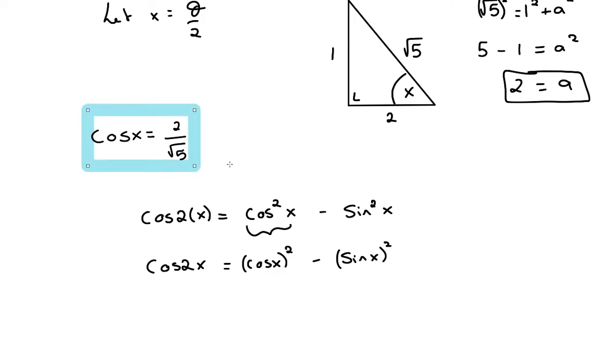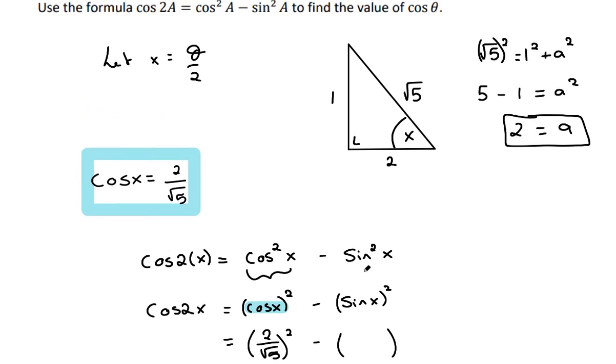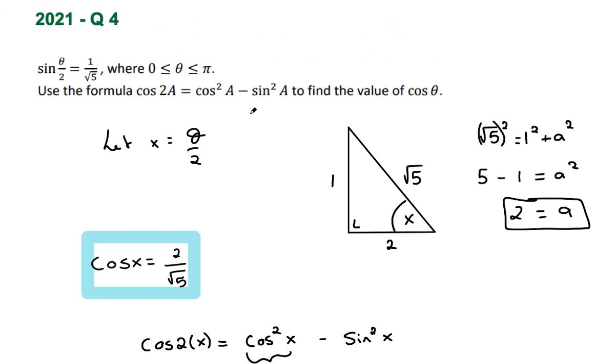I know what cos x is, so I'm going to replace it with 2 over root 5, and I'm going to square it. Be careful that you're putting it in brackets so that when you square it out, you don't make any silly errors. I know what sine of x is: remember, we let theta over 2 be equal to x, so this is sine of x.